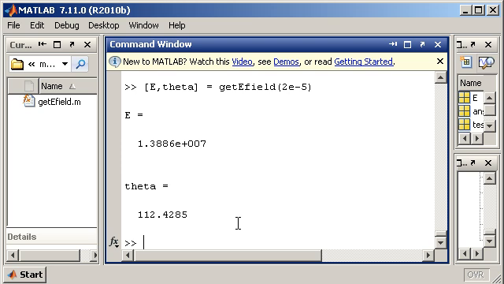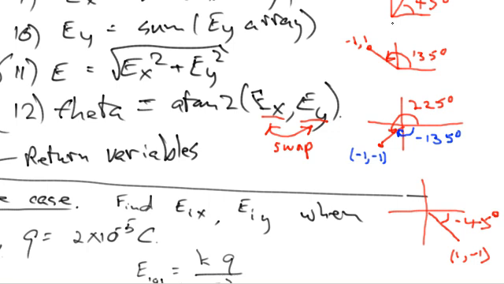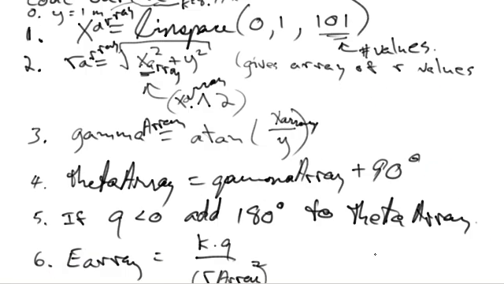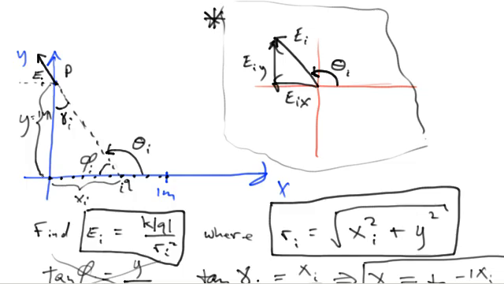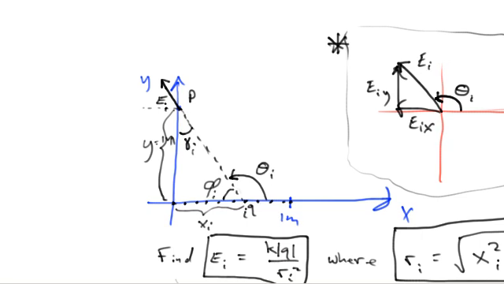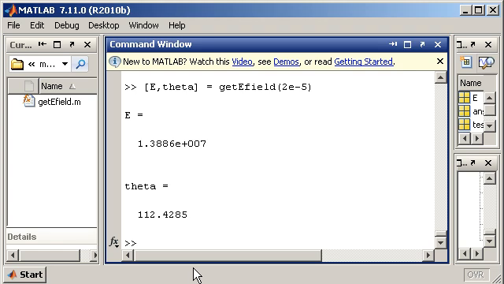So it's claiming 112 degrees. I'm kind of curious to see if that makes sense right off the bat. So we've got a bunch of positively charged particles lined up along here. They're all going to be creating something that's partly leftward and partly upward. So yeah, a hundred and some odd degrees, between 90 and 180, makes sense to me. So it was saying 112 degrees, so that's a sensible answer for the angle.